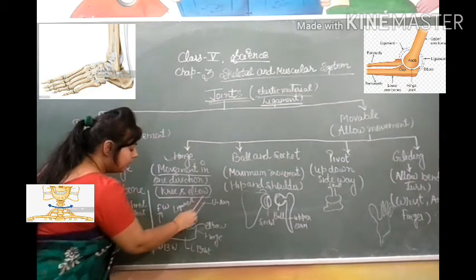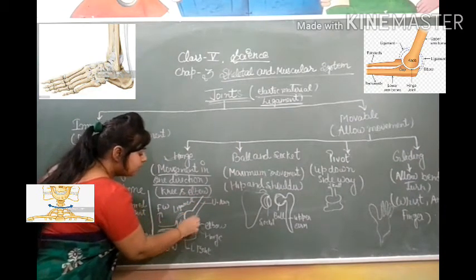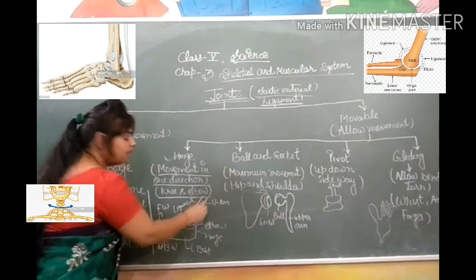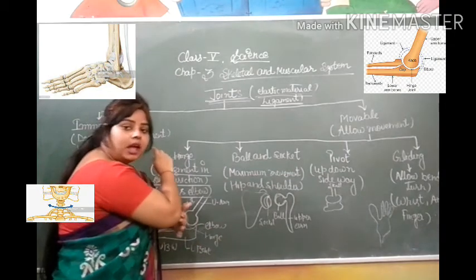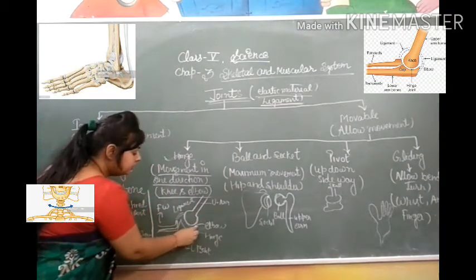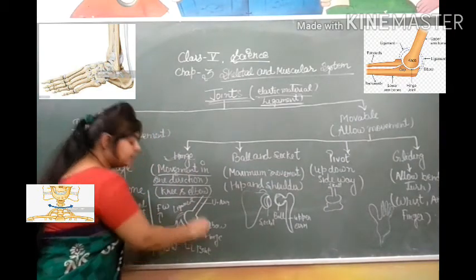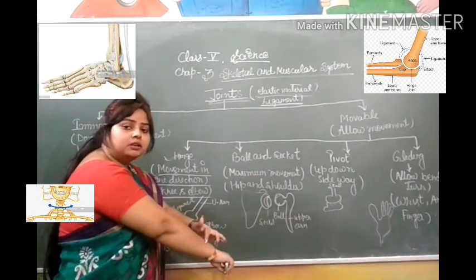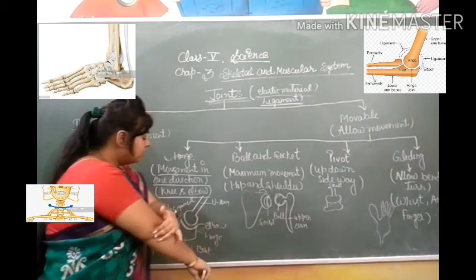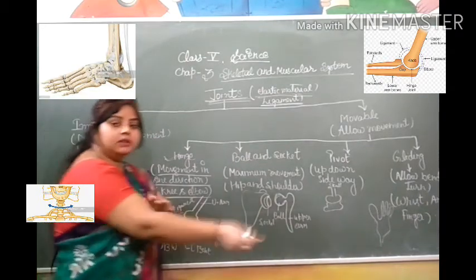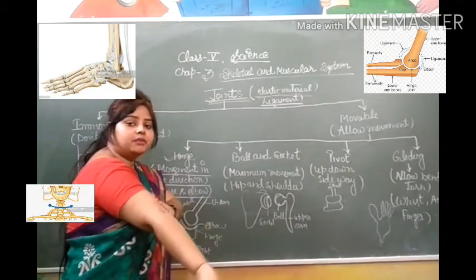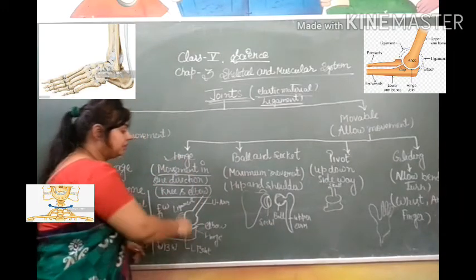In this diagram, this part is your upper arm, and this one is your elbow part. And the joint which attaches the arm to the lower part is the hinge joint. They move only forward and backward, only one direction.